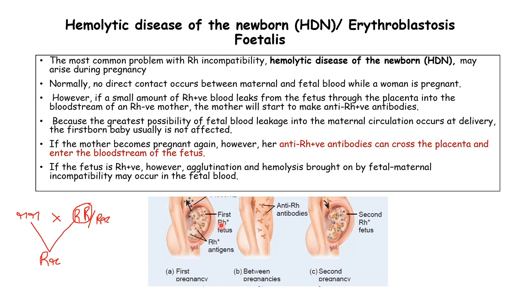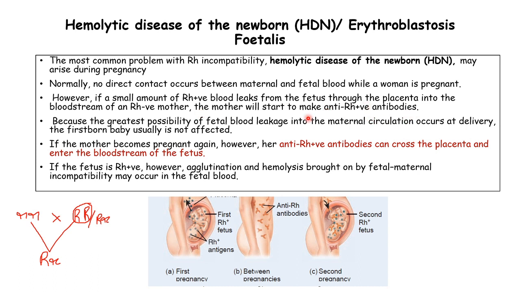The first Rh positive fetus has Rh antigens, and the woman is Rh negative, and there is no leaking or mixing of Rh positive blood and Rh negative blood till the last stages of pregnancy. However, a small amount of Rh positive blood leaks from the fetus through the placenta into the bloodstream of the Rh negative mother, and the mother will start to make antibodies.